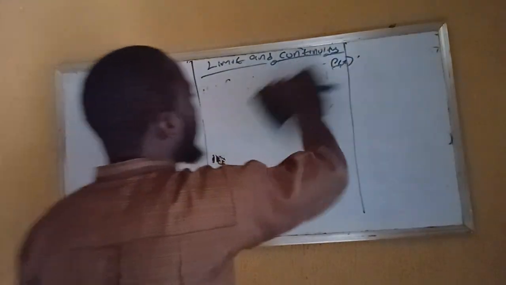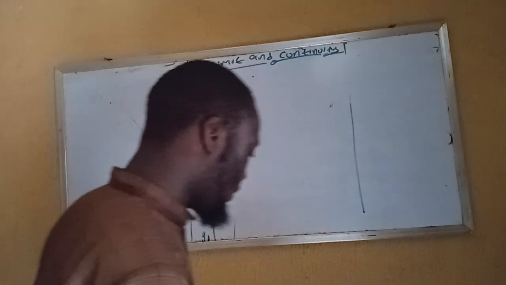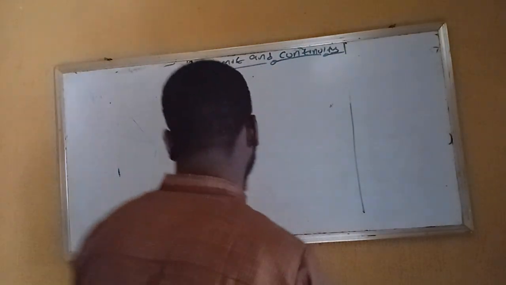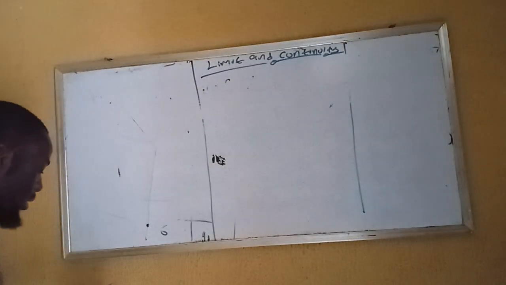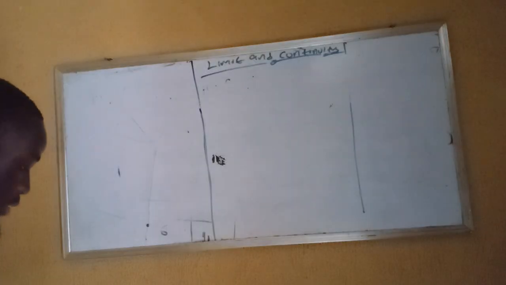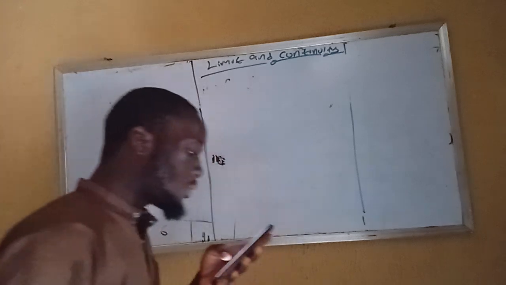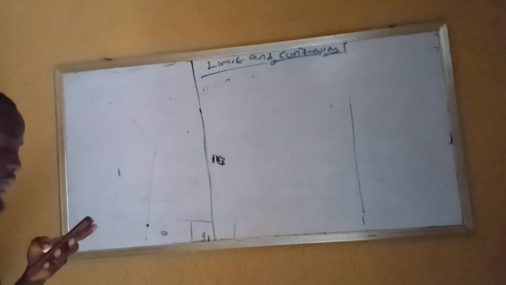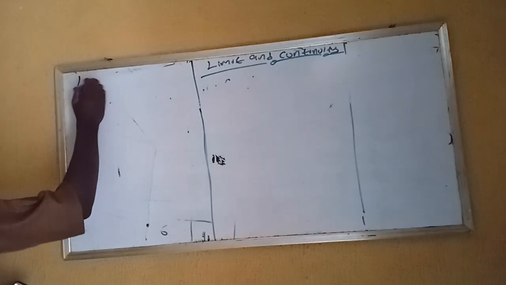Now go to the topic for the day. The method at which x tends to a plus h is what we call the right hand rule, and the one at which x tends to a minus h is the left hand rule.